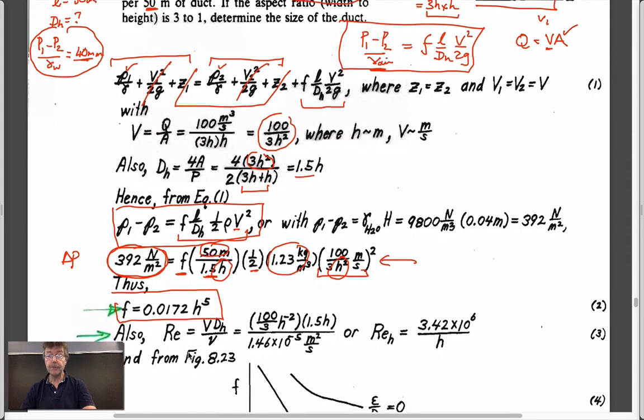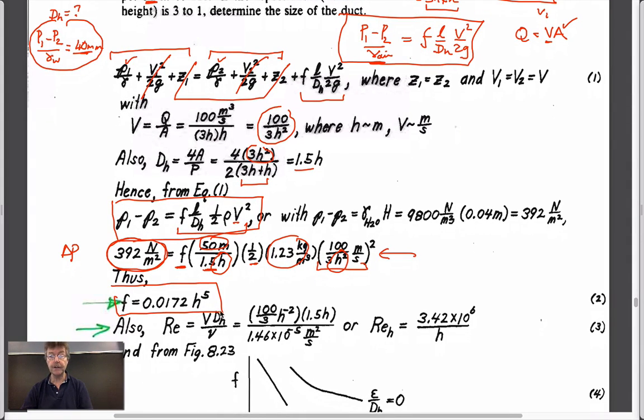We know Reynolds number, which friction factor is also a function of, is a function of hydraulic diameter, equivalent velocity, and kinematic viscosity. So we have Reynolds number as a function of this. So we have two equations. Reynolds number and the friction factor both include a value of this.